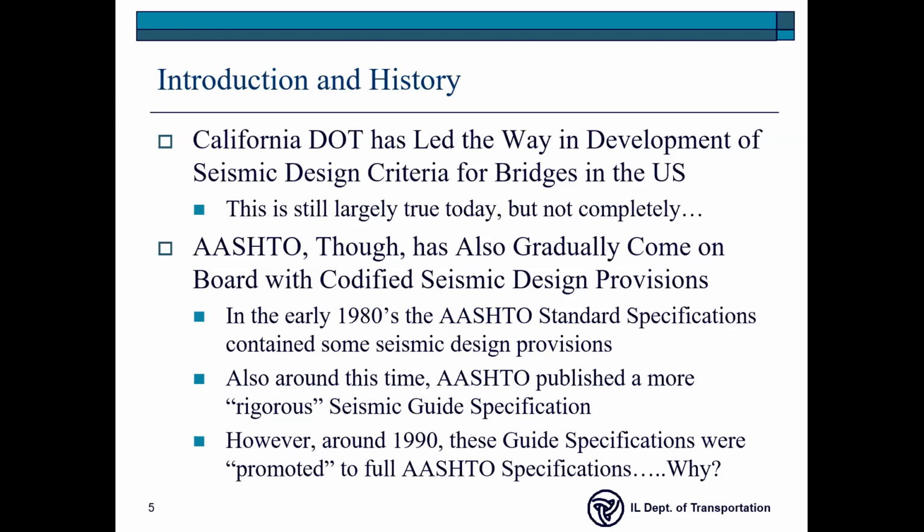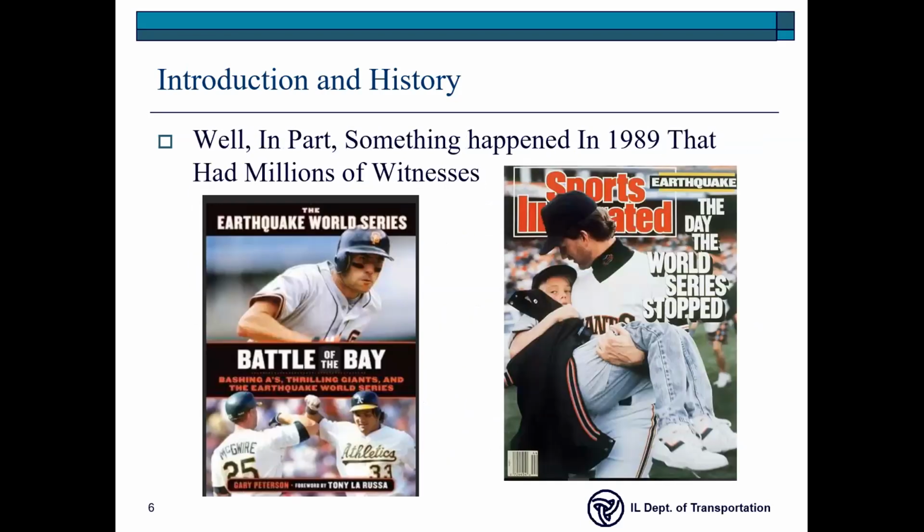And why was that? Well, for those of you who are old enough to remember this, which may not be very many of you, but I remember this: 1989 was my first year in graduate school, okay? During the World Series that was happening in San Francisco and Oakland, two cities very close to each other in California, right before a World Series game was supposed to start, there was a big earthquake.